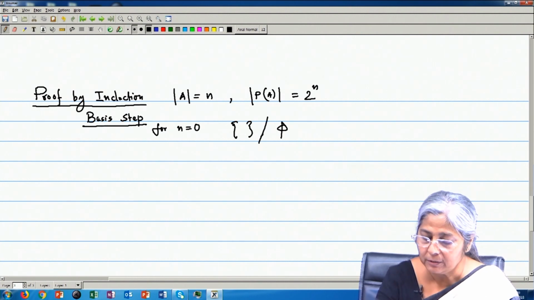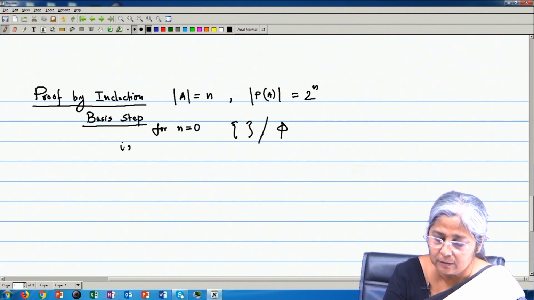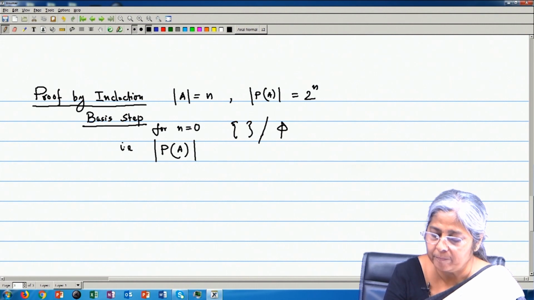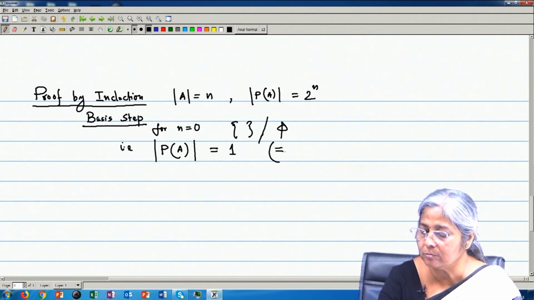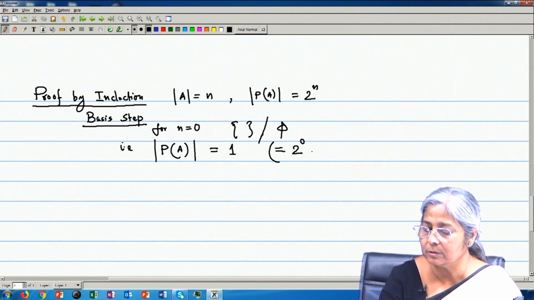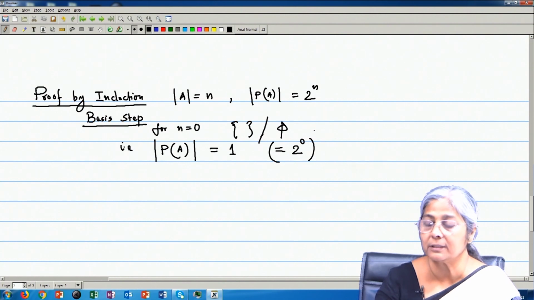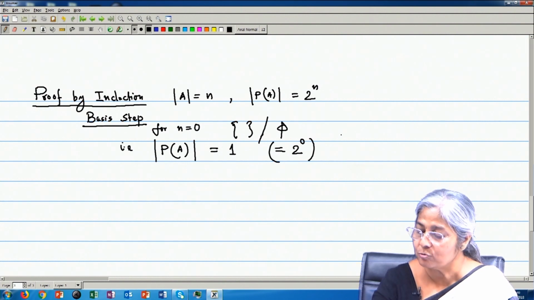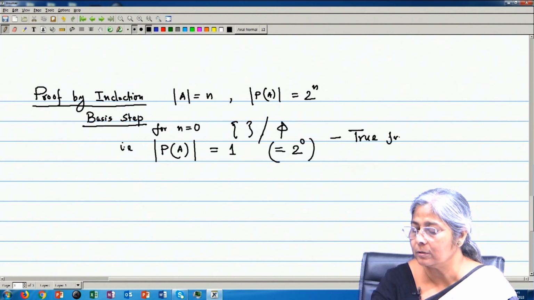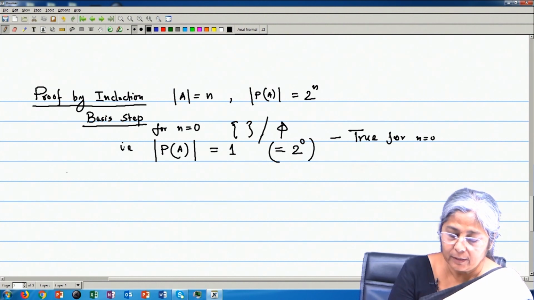So, that means the cardinality of the power set is 1, and we know this is equal to 2 to the power 0. So, for the basis step, that means n equal to 0, the conjecture is true. So, in the basis step it is true for n equal to 0.